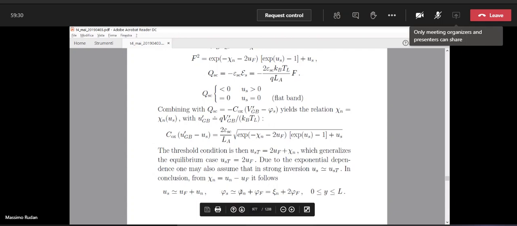So we have demonstrated formally through the solution of the Poisson equation that in strong inversion at each position of the channel, it doesn't really matter where we are, because this applies to every point y in the channel, phi s is practically equal to phi n plus phi f. And from this, if you remember, we also demonstrated that the transport is essentially ohmic when the channel is well formed.